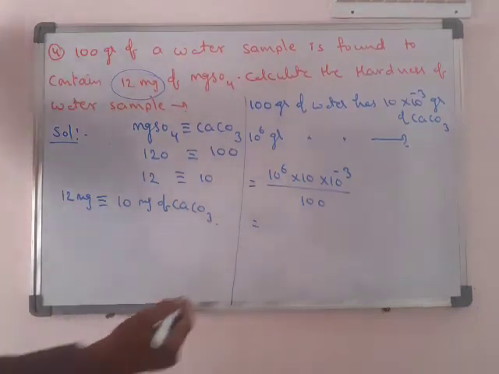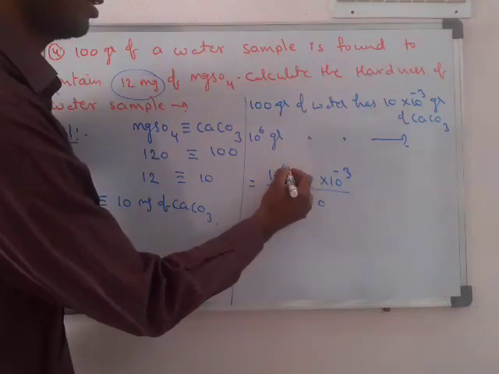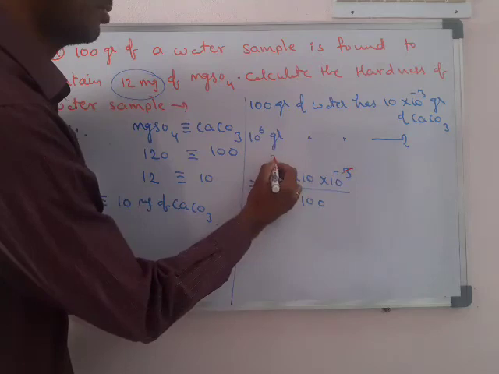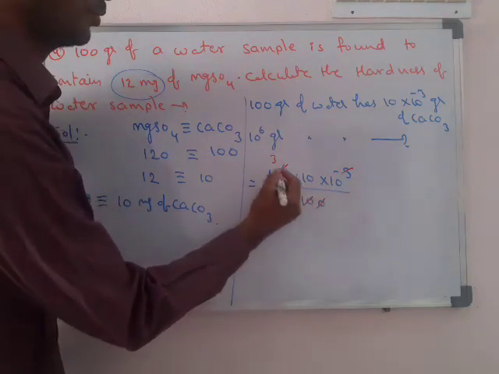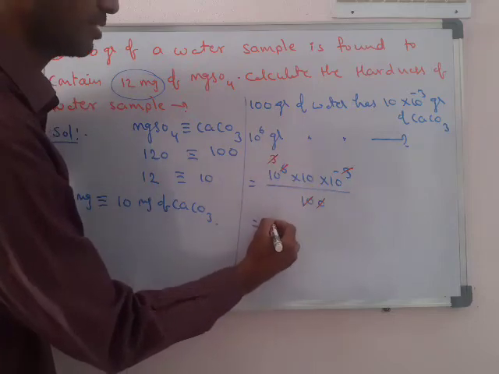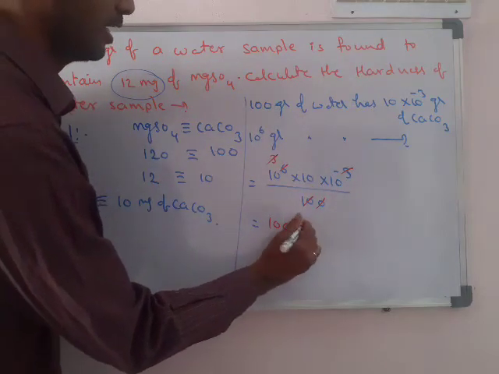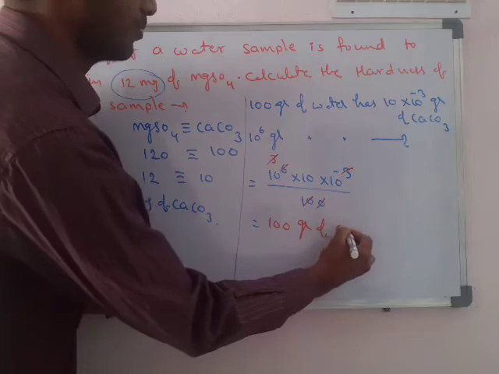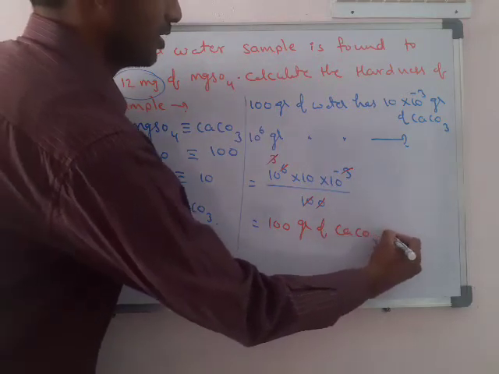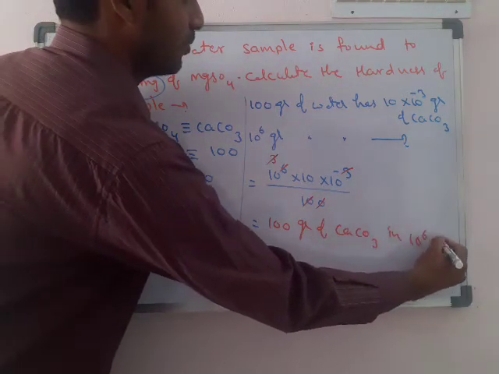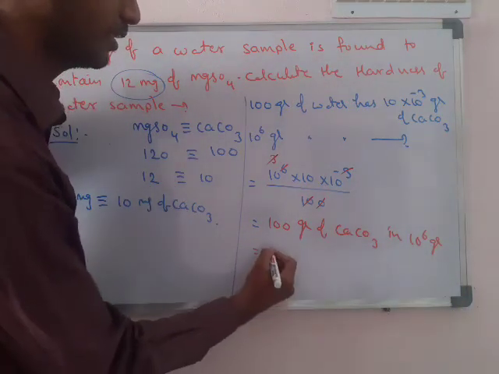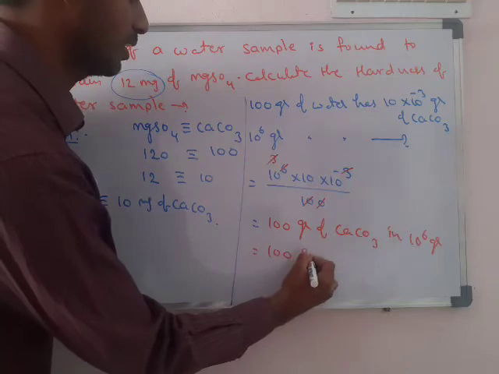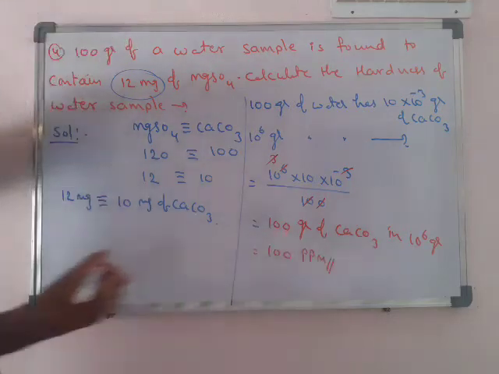It becomes 100 grams of CaCO3 in 10⁶ grams of water. 10⁶ grams water lo unnadi nothing but ppm. So the answer is 100 ppm.